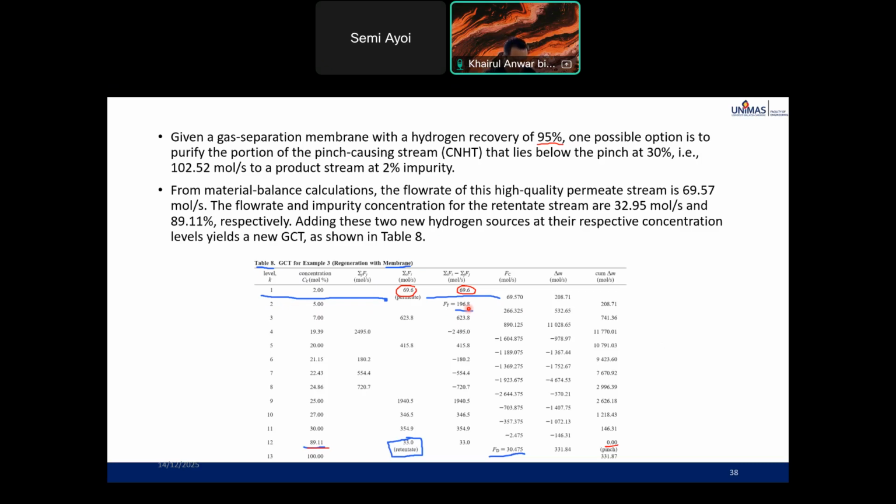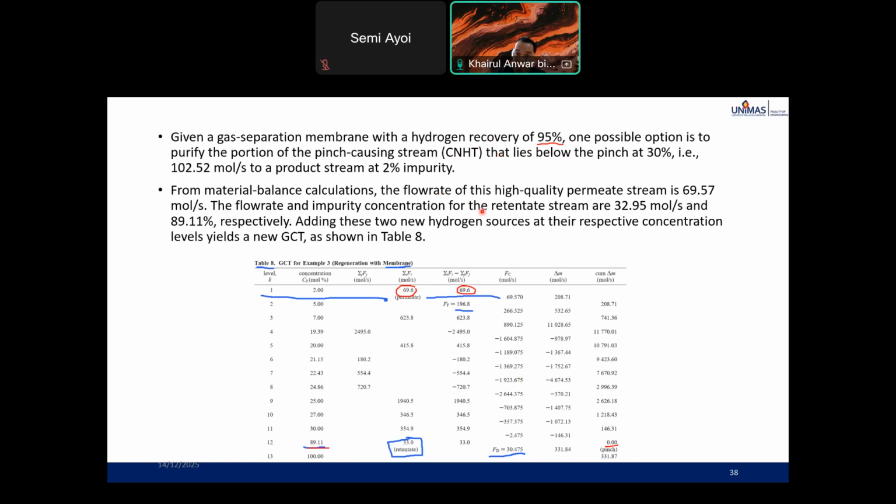If you still remember, why is the first FC not 96.6? Oh, the 96.6 is my mistake. Because I assumed that 95% from the 102.521 will be recovered based on this first statement, which is not right.